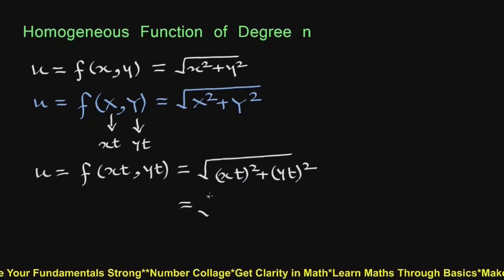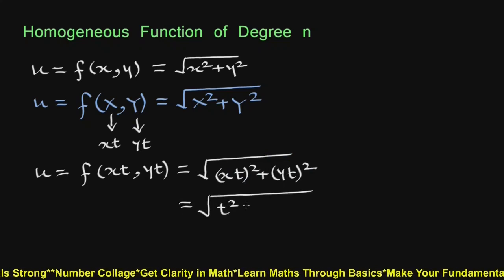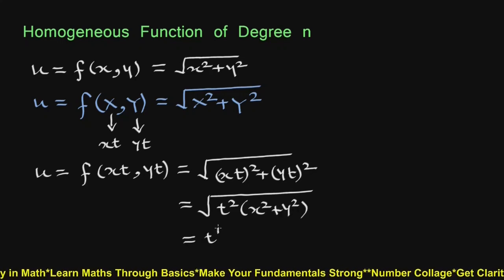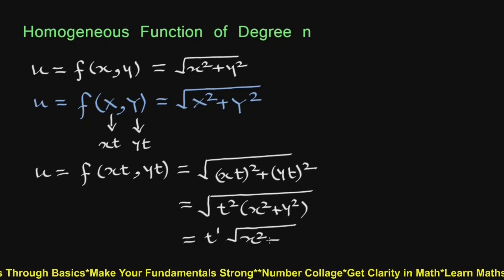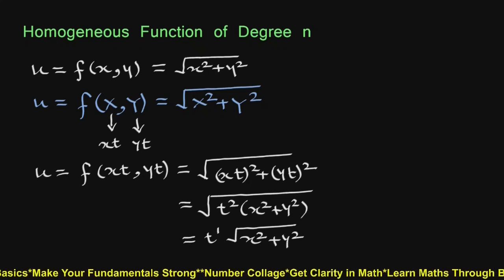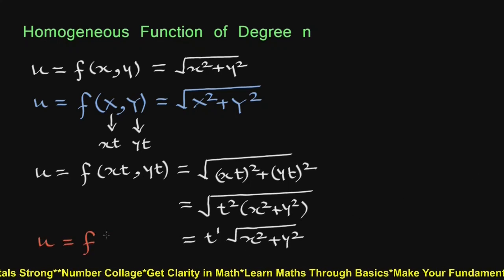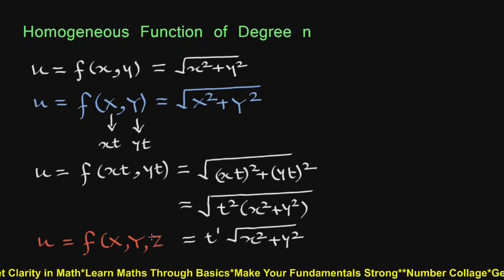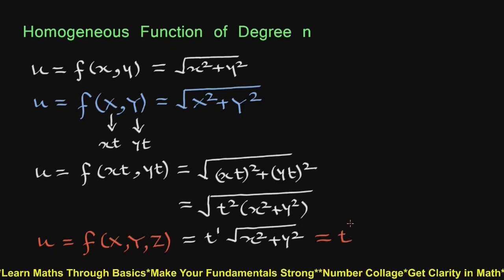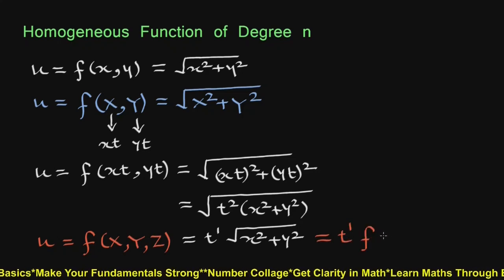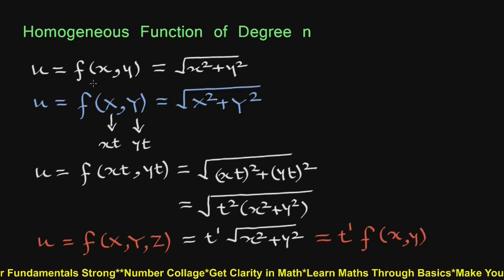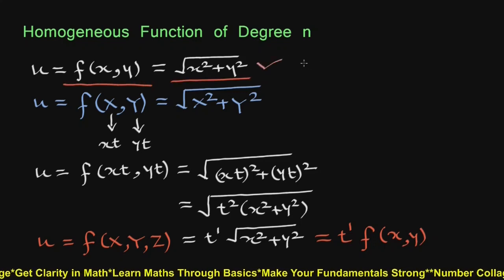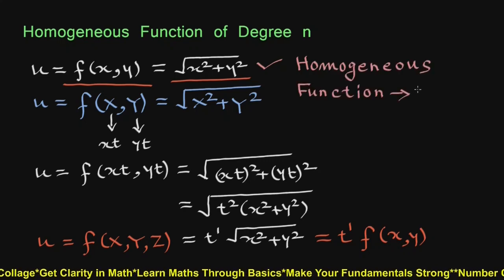That will be square root of t square into x square plus y square, which will be t raised to 1 times square root of x square plus y square, which is t raised to 1 f of small x, y, the original function. Therefore, this function is homogeneous with degree 1.